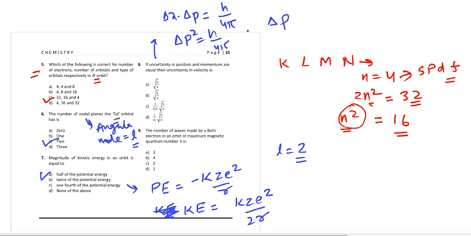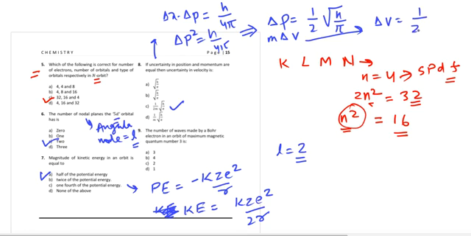So delta p is 1 by 2 under root h by pi, and delta p is nothing but m delta v. So delta v will be equal to 1 by 2m under root h by pi. So this will be the answer.